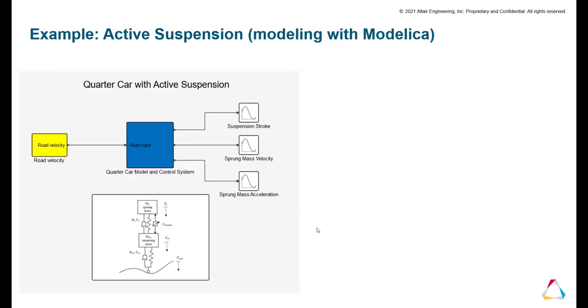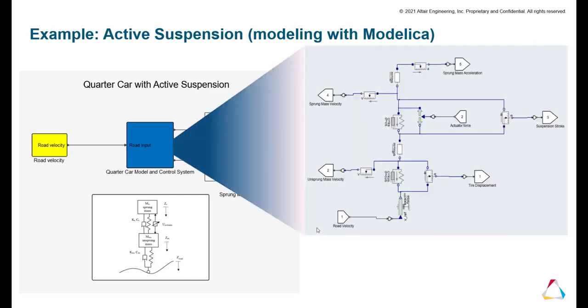So if we look at a system model of this active suspension, that diagram of the sprung and unsprung mass, of really those 4 states, is enveloped in this blue block there, the quarter car model, that also encompasses the control system as well. So if we take a look inside that blue block, zooming into that block, we'll see our suspension system, which is modeled using Modelica components.